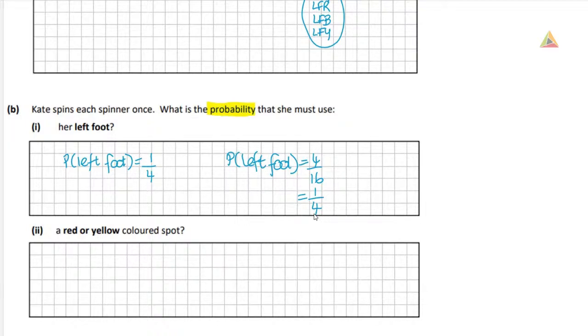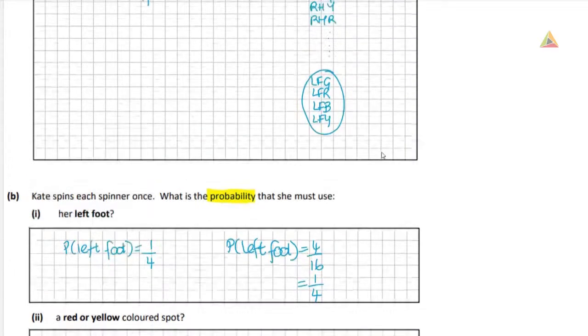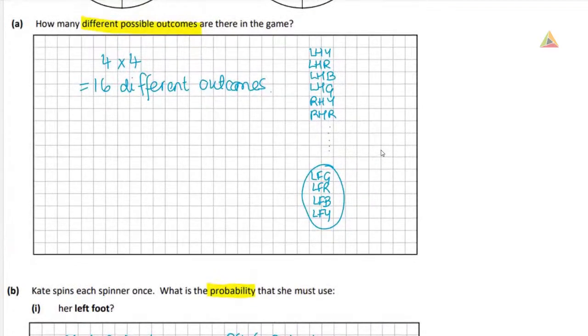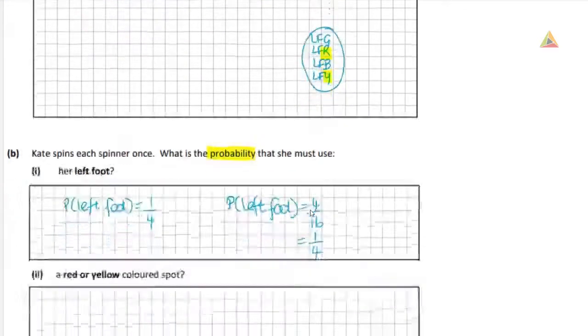The second part of this then says, what's the probability of using a red or yellow coloured spot? So again, if we look at all of our 16 outcomes, we're going to see how often we see red or yellow. We have red or yellow twice on our left hand, twice on our right hand, twice on our left foot, and twice on our right foot. So that means we're going to have 2, 4, 6, 8 possible outcomes that say red or yellow.